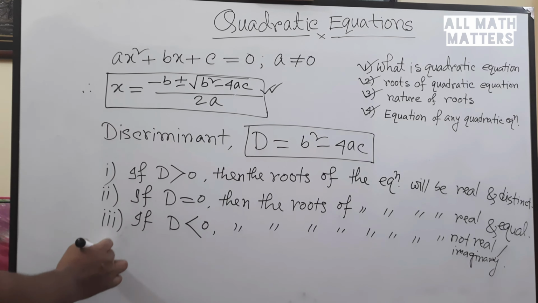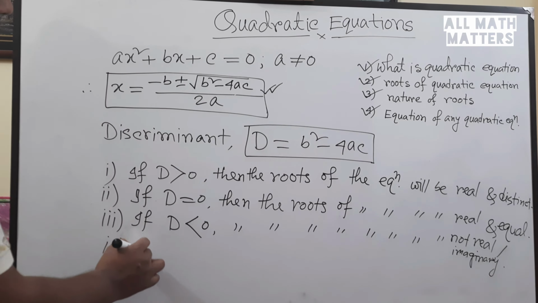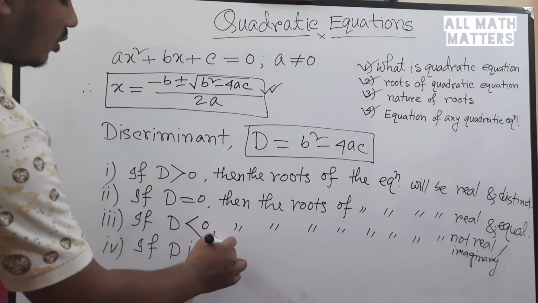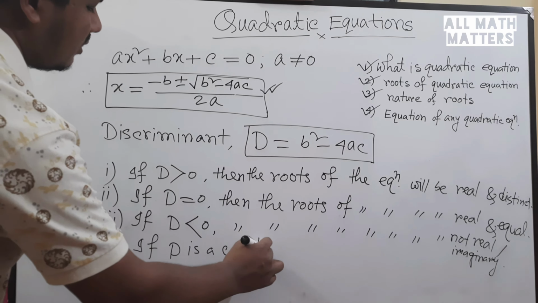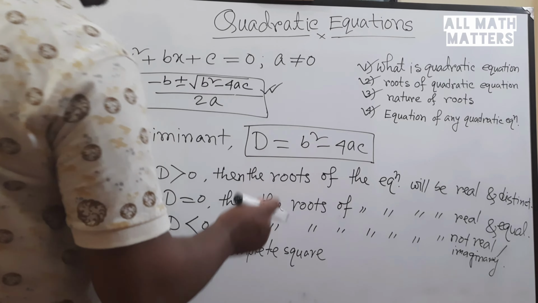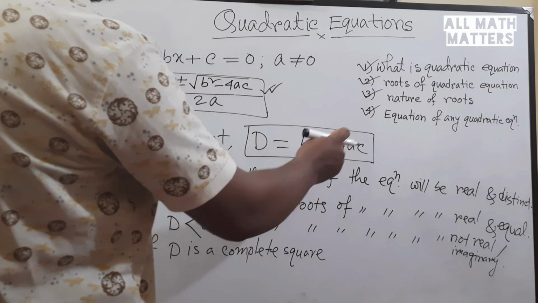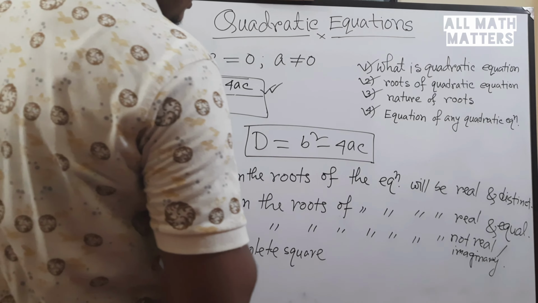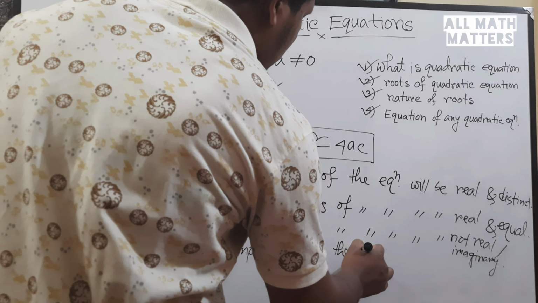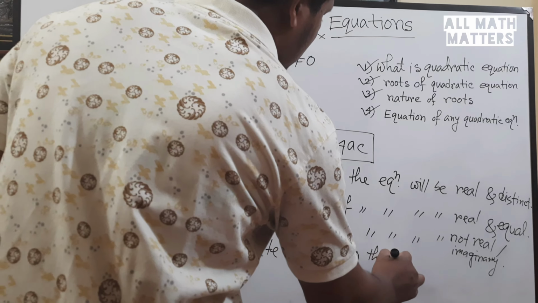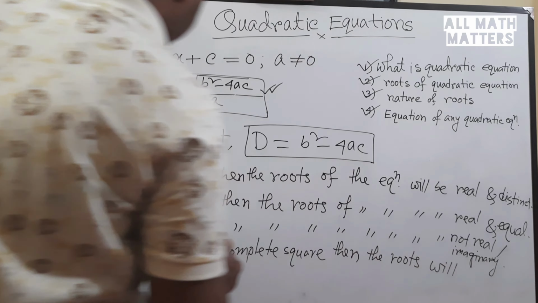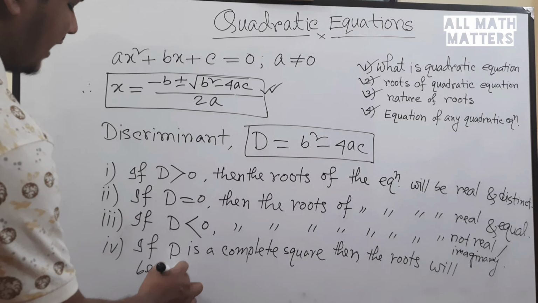Okay, last but not the least, number 4. If D is a complete square, that means the value of the discriminant will be a square number like 1, 4, 9, 16 and so on, then the roots will be rational numbers.